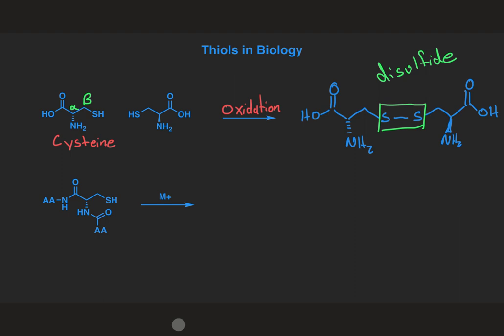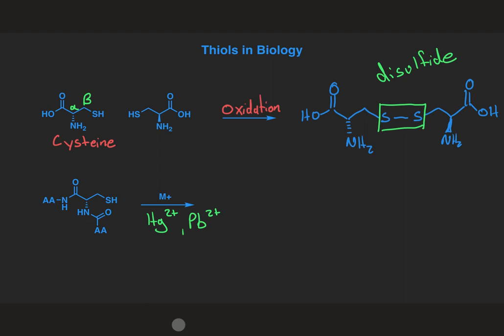Amino acid cysteine can also be the target of heavy metal poisoning in proteins as well. And so, if you think about heavy metals, some examples of those might be mercury 2 plus, and lead can be implicated in heavy metal poisoning as well.